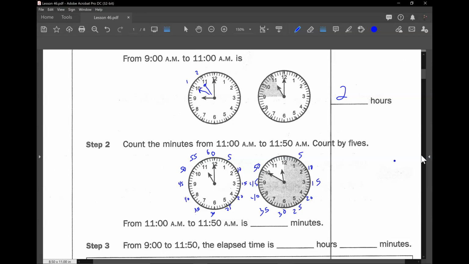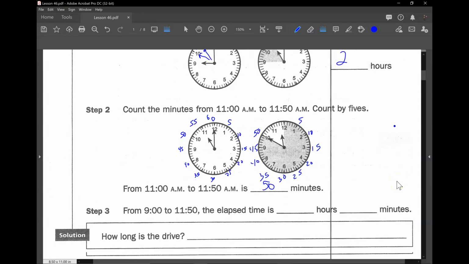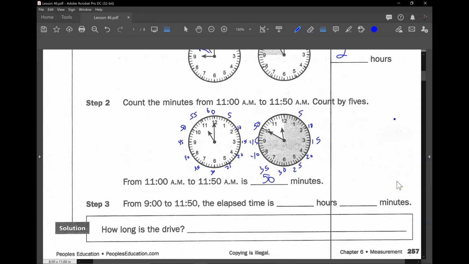So from 11 a.m. to 11:50 a.m. is 50 minutes. Step 3. From 9:50 to 11:50, the elapsed time is 2 hours. We have the 2 hours up here. 50 minutes.